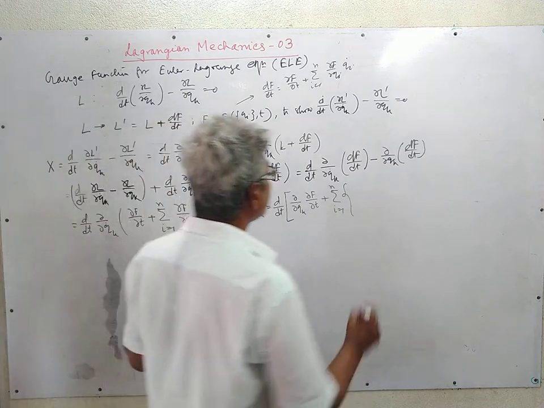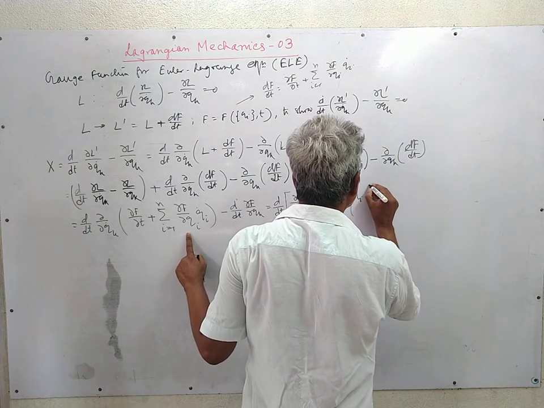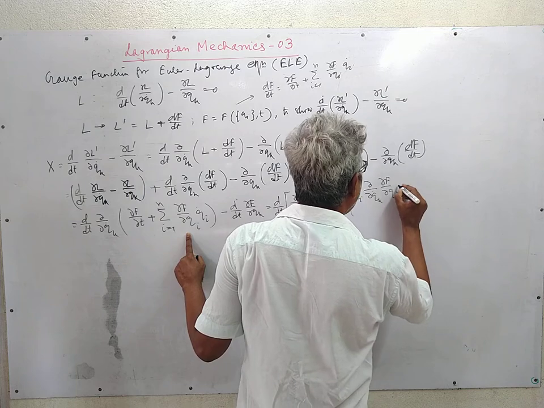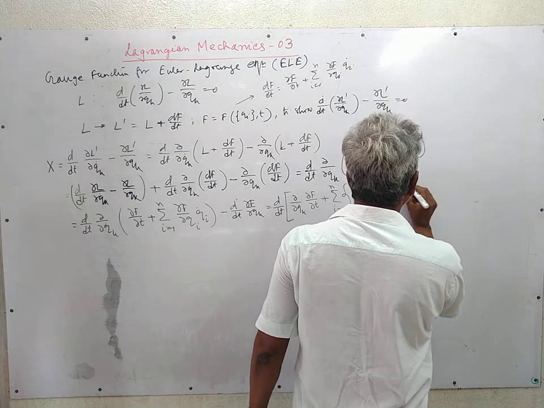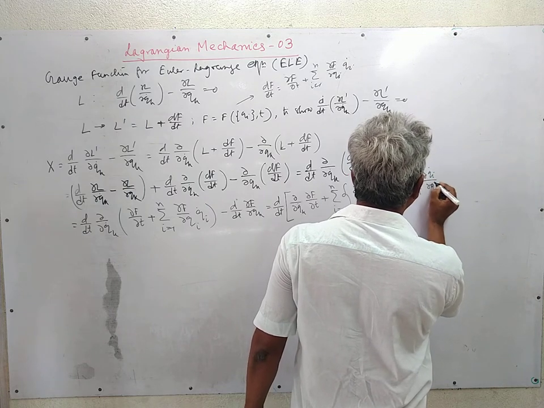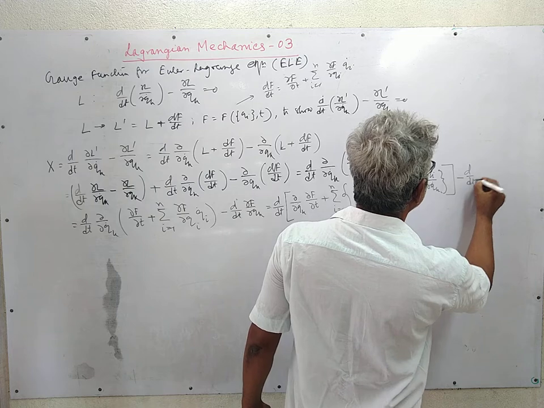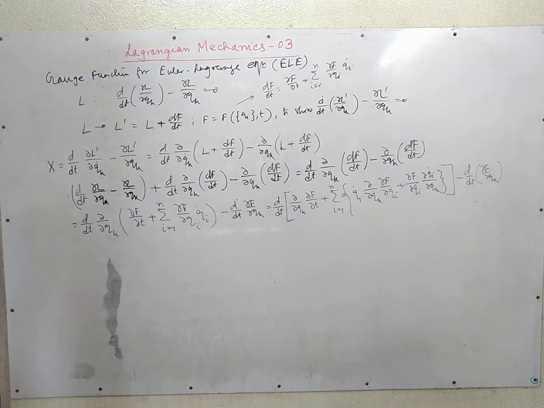First, this operates on this, in which case we have q_i dot ∂/∂q_k dot operating on ∂f/∂q_i, plus this operates on this, so ∂f/∂q_i times ∂q_i dot/∂q_k dot; this is the end of the second bracket, the end of the third bracket, then d/dt of ∂f/∂q_k. Now you see that the gauge function f that we have introduced is a function of generalized coordinates and time.